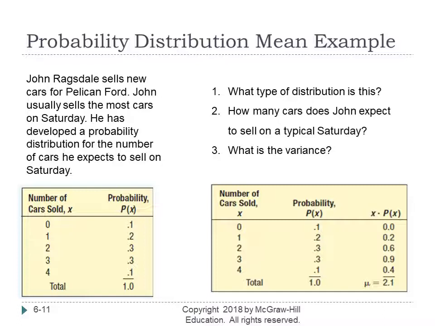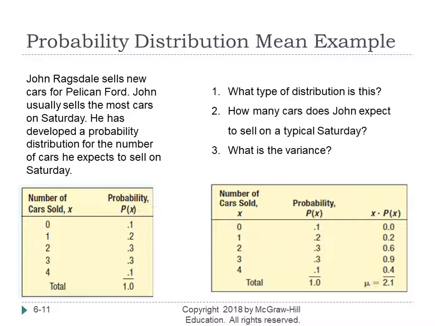The table to the right, now we will do the calculations for the mean. The first 2 columns are the probability distribution we started with. The first step is to add a third column. For each value of x, multiply x by the probability of x.